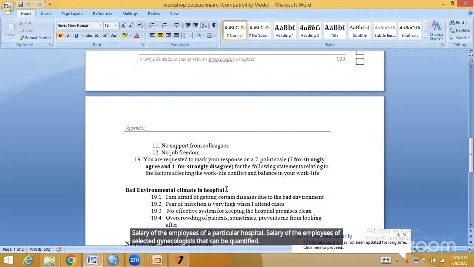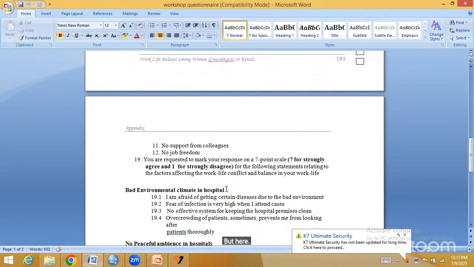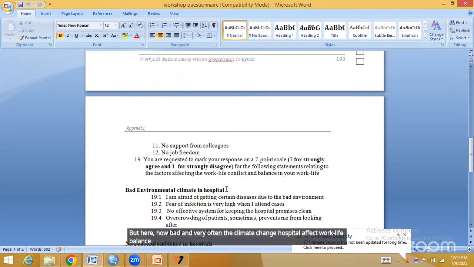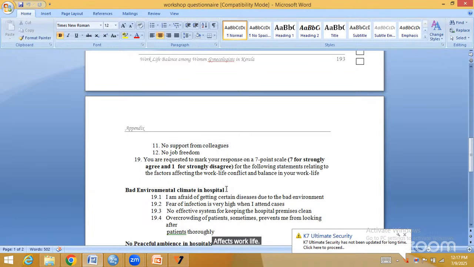But here, how does bad environmental climate in hospital affect work-life balance, that means the working pattern of even gynecologists? The bad environmental climate in hospital is a qualitative variable. So how to convert this qualitative variable into a numerically expressed variable?